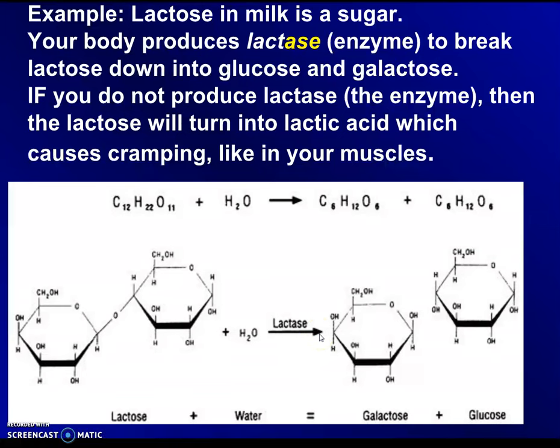So if this doesn't happen in the body, because you don't produce any lactase, then the lactose will not get broken down into galactose and glucose. It will turn into lactic acid, which causes pretty severe cramping in your abdomen, in your intestines, and it can cause gas and diarrhea and an awful, uncomfortable feeling, and that's what we call being lactose intolerant. If you don't make lactase, you are lactose intolerant.